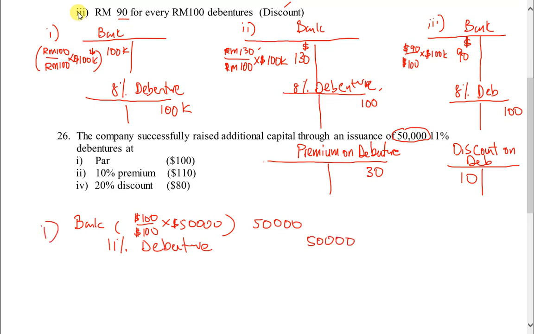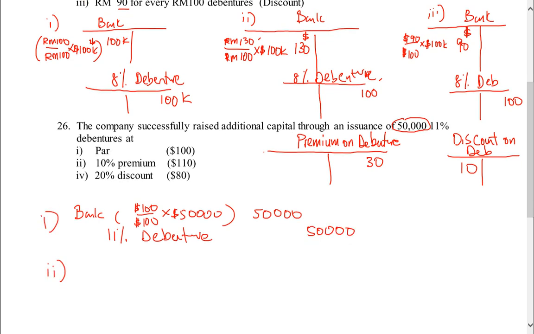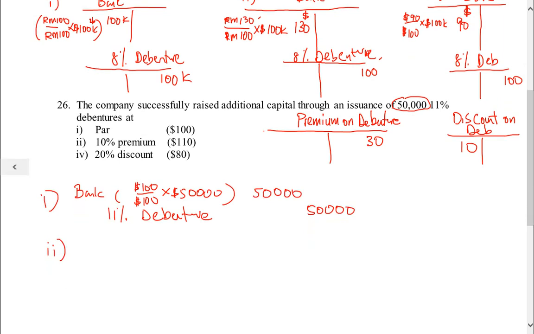Done. Number two, if I were to issue debentures at a premium of 10%, it means an extra 10%, so it will be 110.